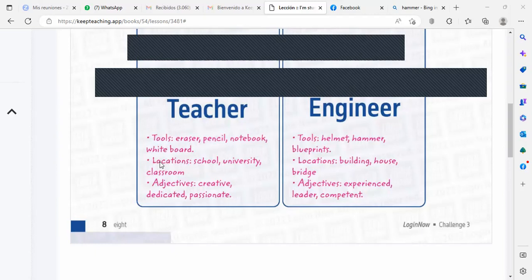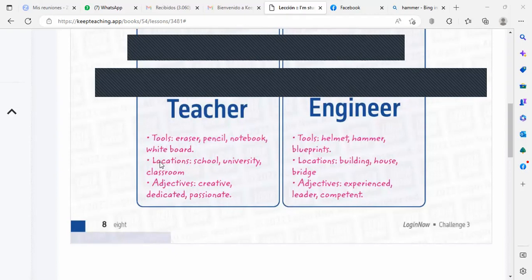My tools are a monitor and two computers to do my work. Also, I have a mouse and a keyboard.